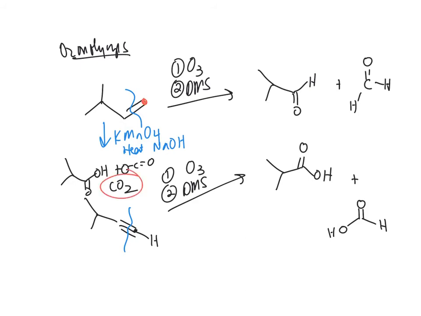This terminal will go all the way to carbon dioxide. Here, if you did permanganate and heat, then you're going to get the carboxylic acid, just the same here, but this terminal will go to carbon dioxide, which is the same thing as CO2. So kind of grouping these together should help you.